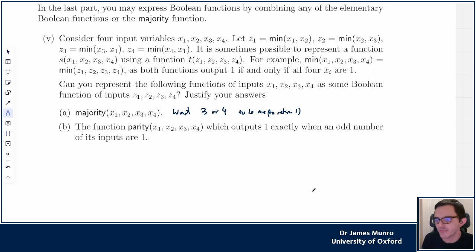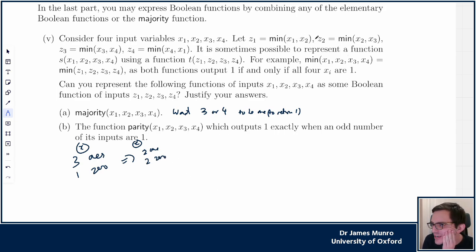So if 3 of them are 1 and 1 of them is 0, then 2 of the z's, these are the x variables, 2 of the z's are 1 and 2 of the z's are 0, and 2 of them get taken out because each x appears twice and ruins that minimum. The other ones are 1s.